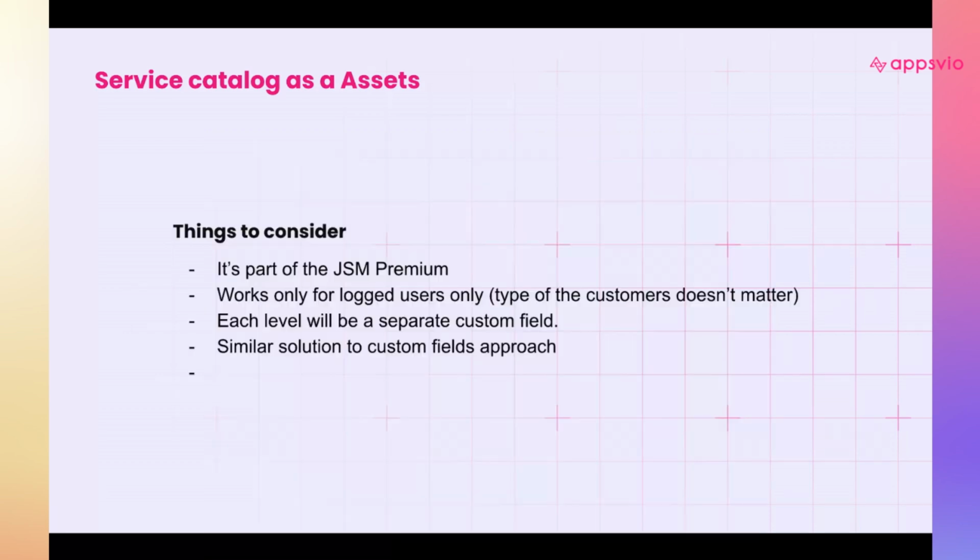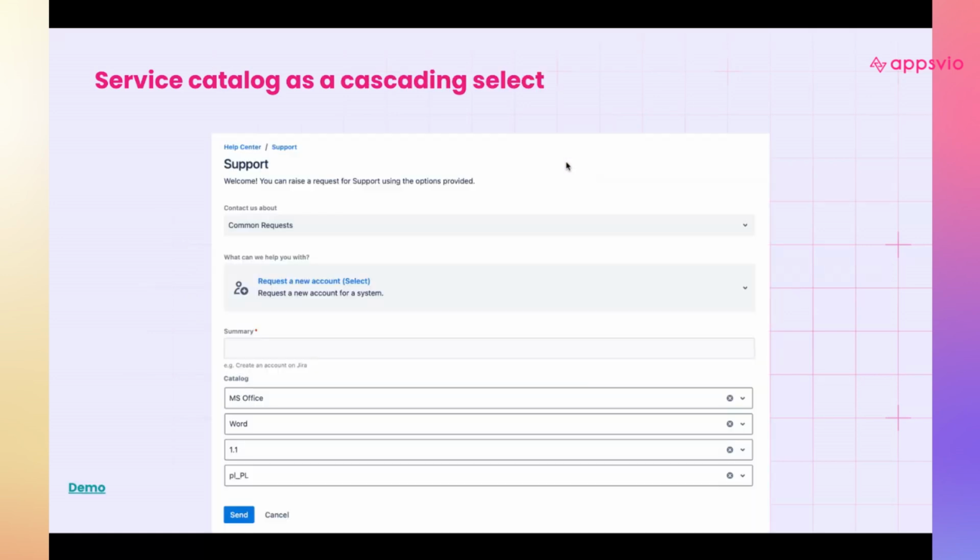And the next option will again stick with custom fields, because that's the only way we can customize the services. And it differs from the previous examples a little bit, because the main difference is that the entire service catalog in this example is part of just one custom field.